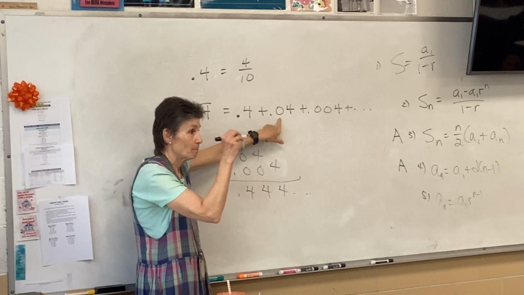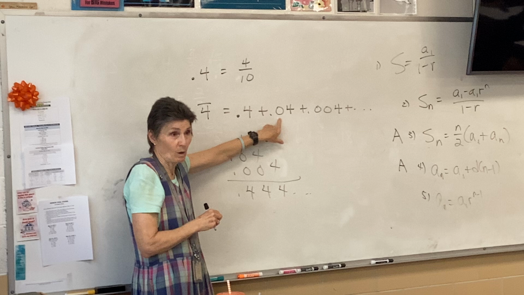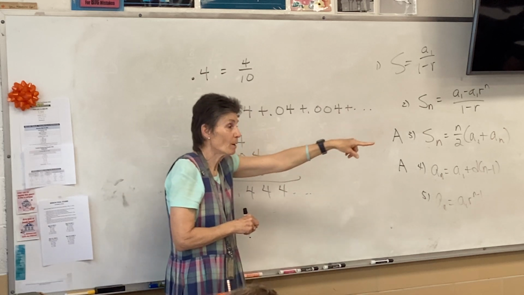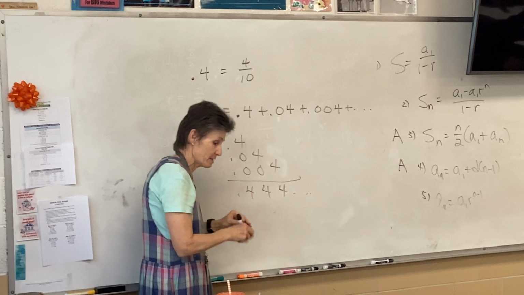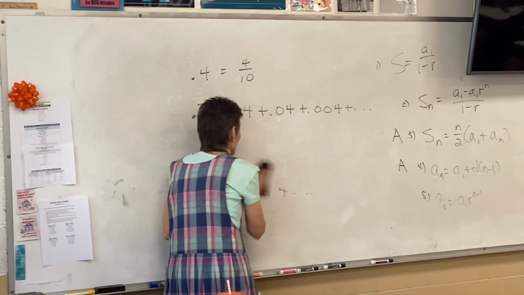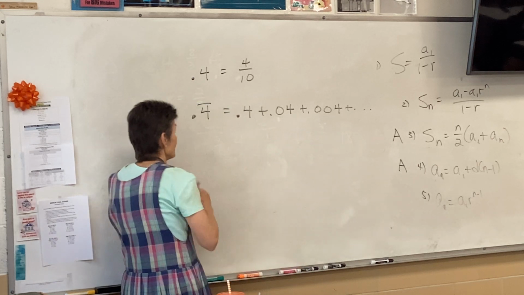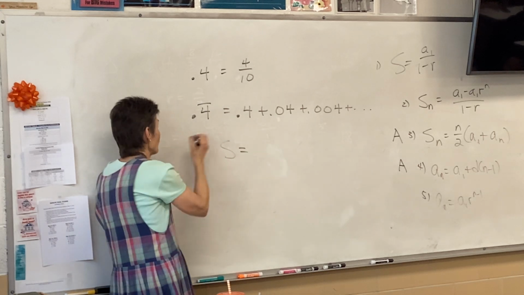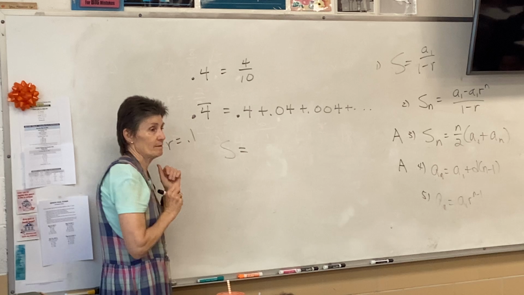And then take that times another 0.1. See what's happening? When you multiply by 0.1, you just put in an extra 0. So this sequence is actually geometric with a ratio of 0.1.